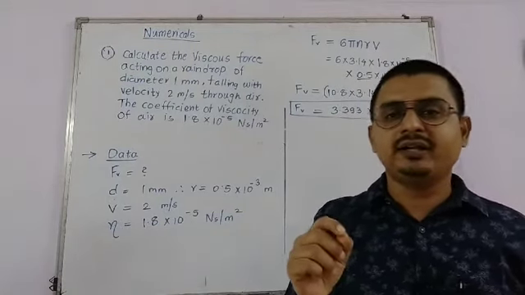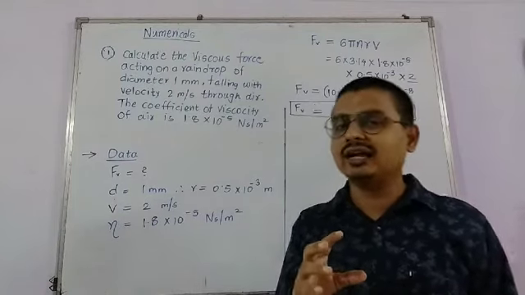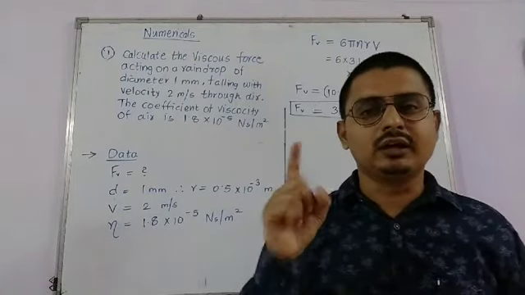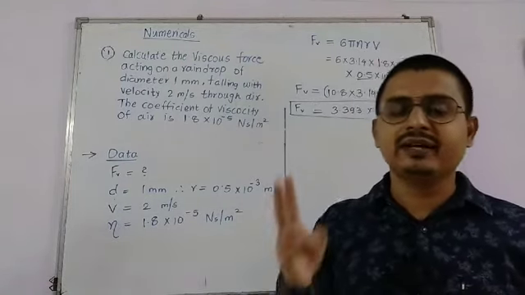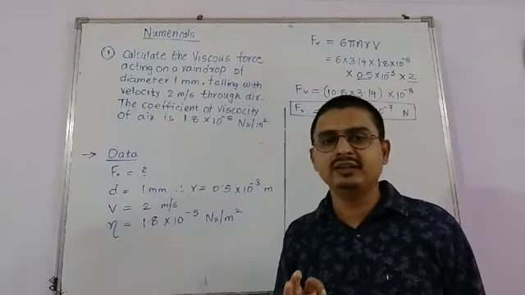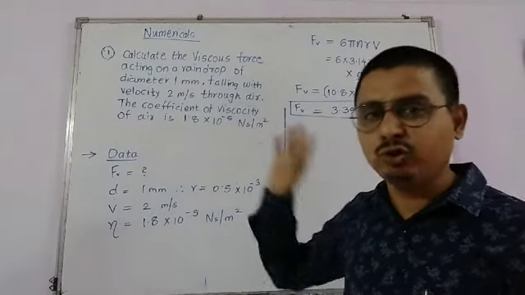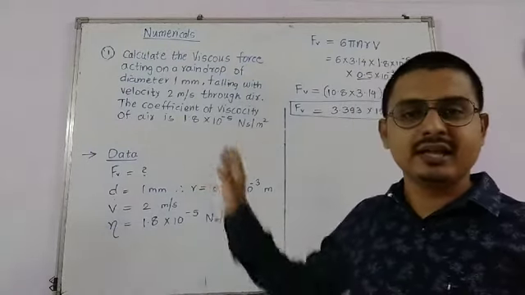तो अगर उस spherical drop, we can say, यहाँ पे जो viscous force दिया जाएगा, that will be directly proportional to the radius of the sphere, then the velocity with which it is falling from a height, and third, the coefficient of viscosity of the medium. जैसे कि यहाँ पे fluid है और हमारे यहाँ पे fluid is air.